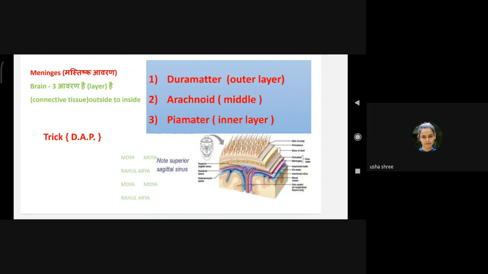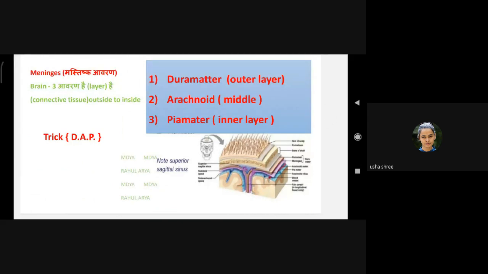Okay, so you can see in this picture, it's not very clear, but after the skull, means skull is the outermost part of it, just beneath the skin, skull is present, and beneath the skull, these meninges are present.